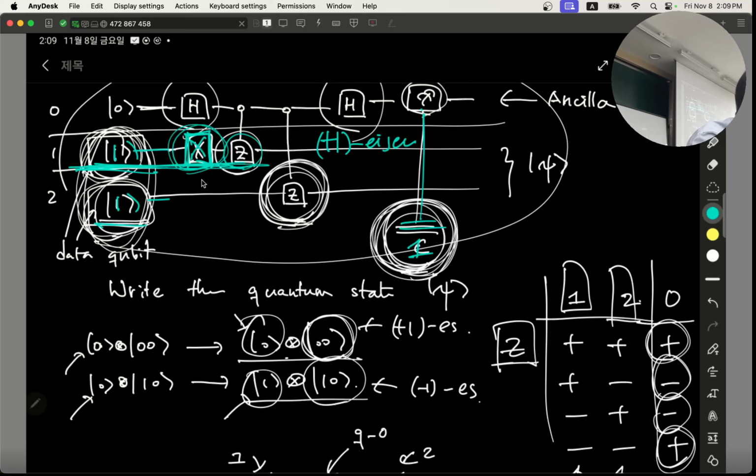It was 0 because both qubit 1 and qubit 2 were in the -1 eigenstate, so you got the +1 eigenstate as a 2-qubit state. But since we have changed the eigenvalue of one qubit, we now have the -1 eigenstate as a 2-qubit state. So the readout of your syndrome measurement is now changed to 1.